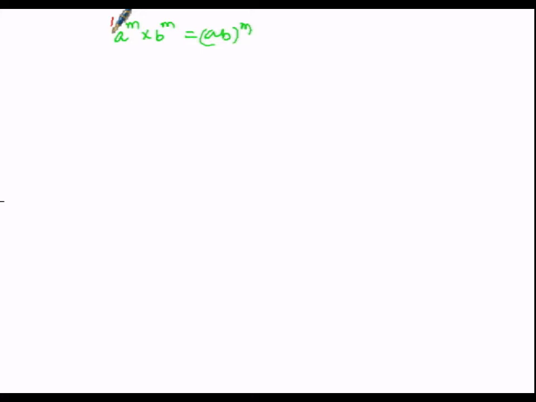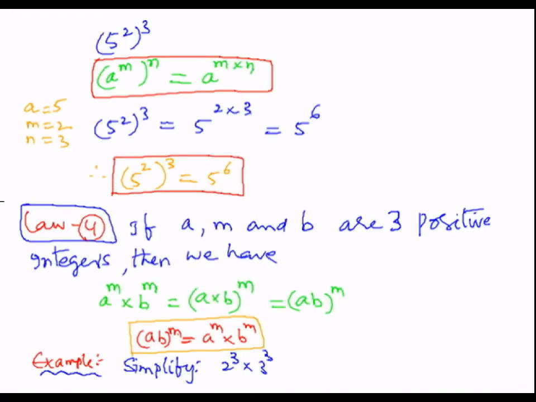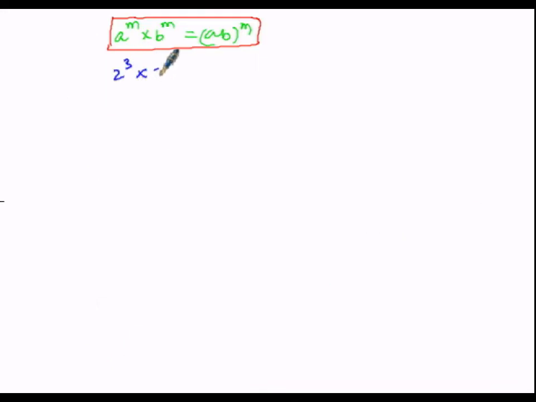So by applying this formula, we can write the problem as 2 power 3 into 3 power 3, where a is equal to 2 and b is equal to 3, whereas m is 3 in the first case and m is 3 in the next case, that is m value is 3. Then that is equal to (ab), that is a into b or ab, both give the same value.